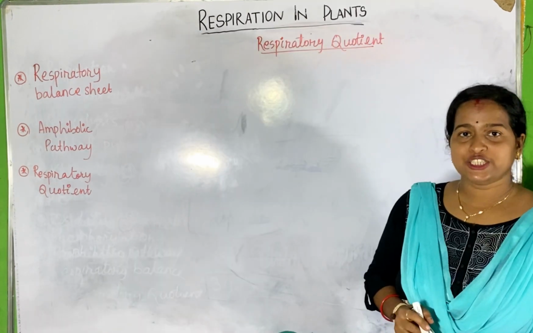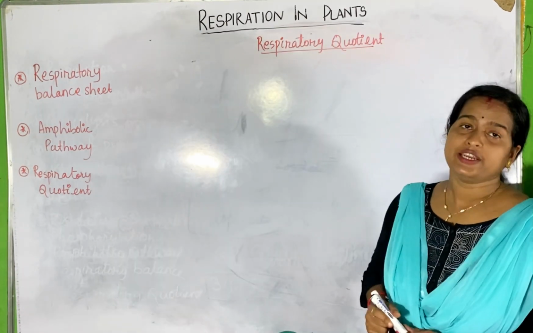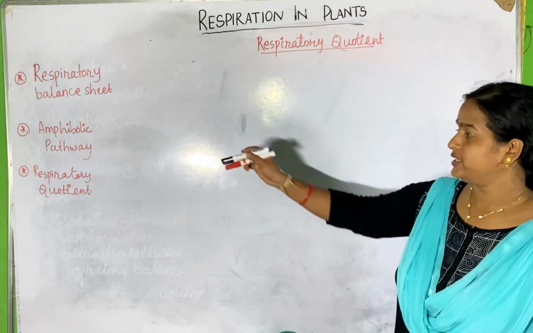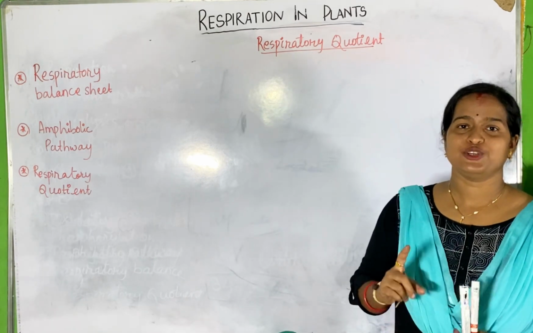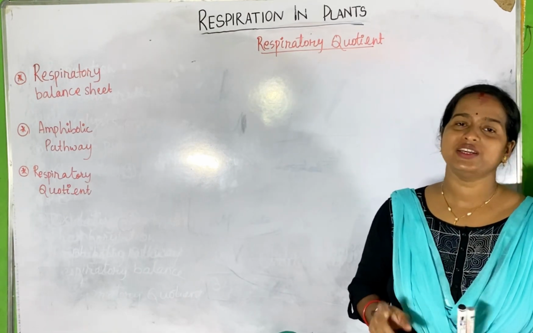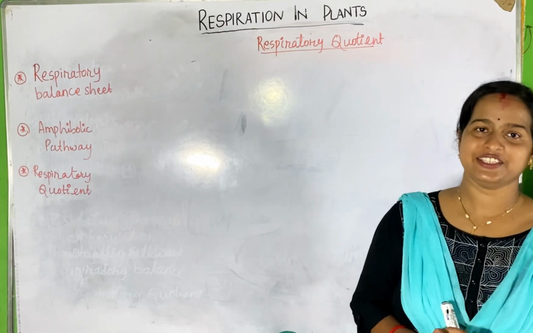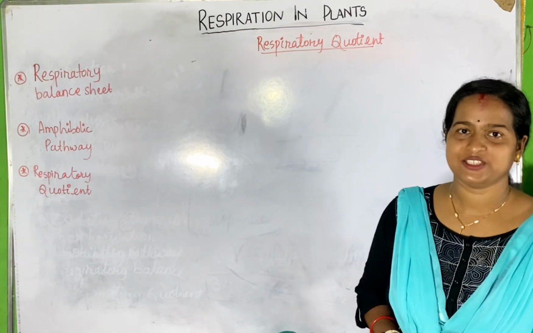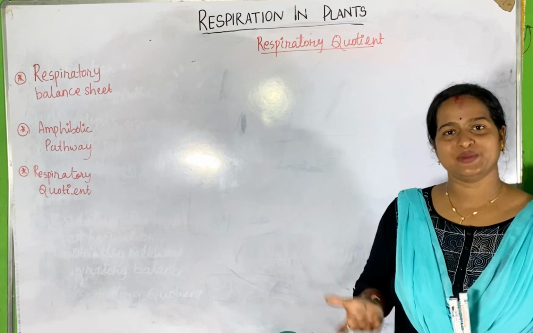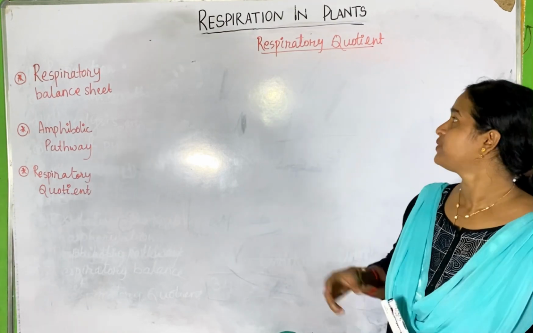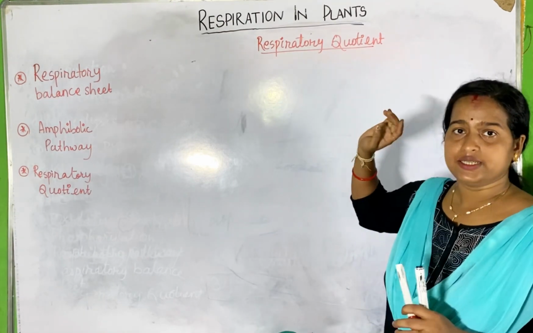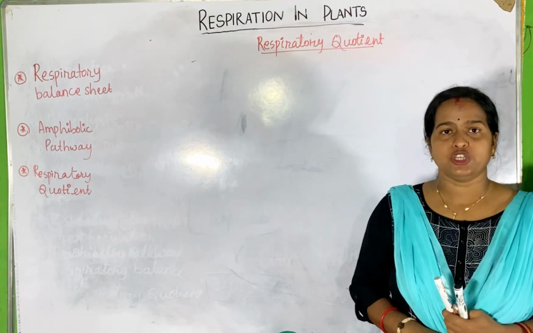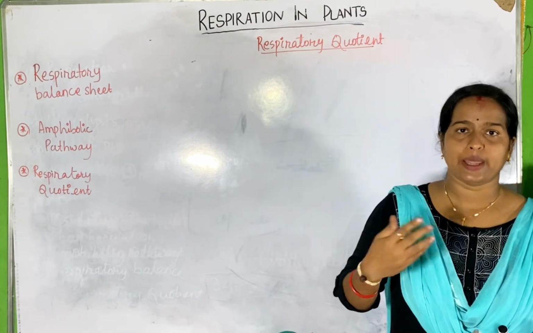Let's move to the last concept of chapter number 14, respiration in plants, that is the respiratory quotient. This is not actually the last concept, but it is the last concept in the class 11 NCERT syllabus. You have to read a lot about respiration in plants at a later stage. So respiratory quotient: in the process of respiration, oxygen is consumed and carbon dioxide is released.